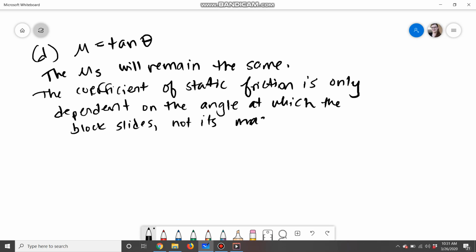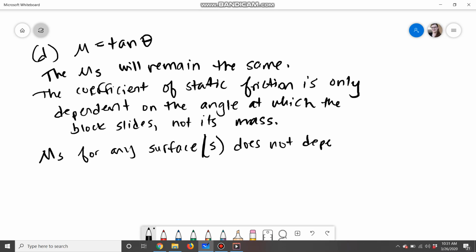Okay, so we can prove that using our derivation from above. We can also prove it using just our basic scientific knowledge, where we state that mu sub s for any surface depends only on the surface type, right?